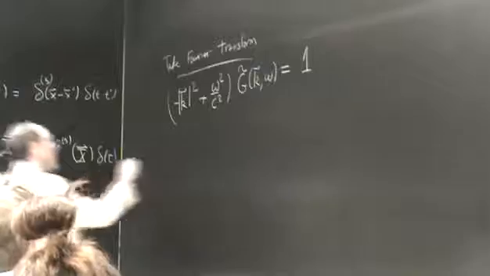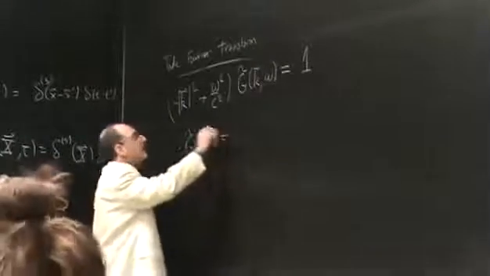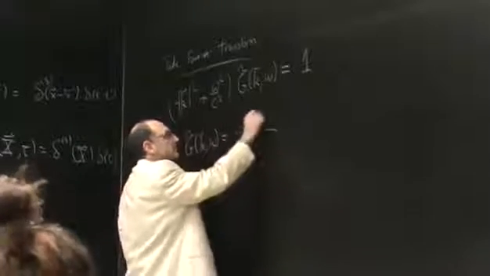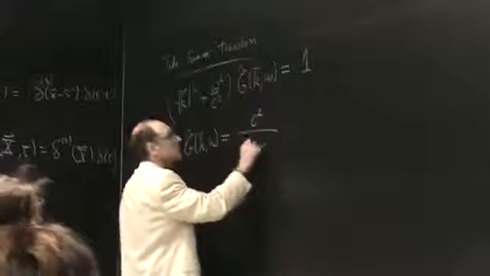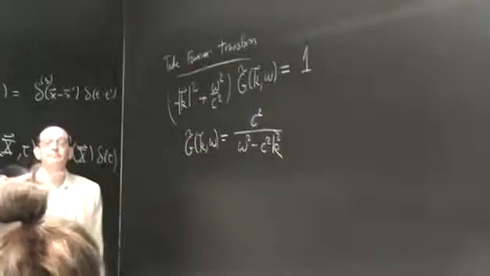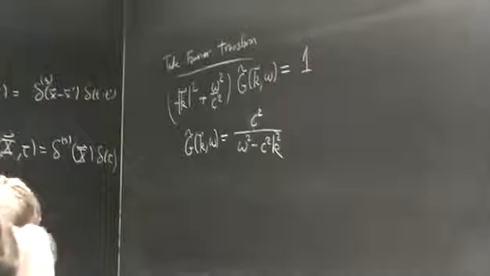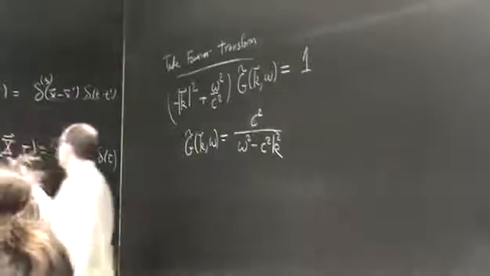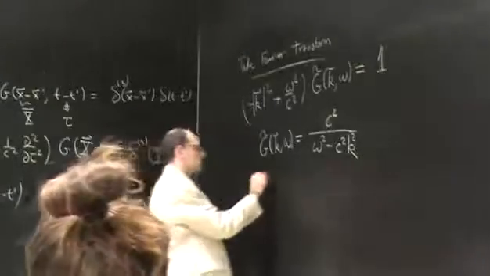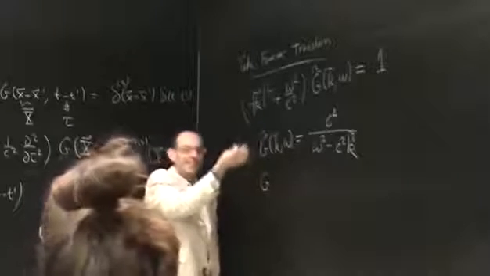So we now have the Green's function for the 3D wave equation in Fourier space. Okay? And so now to find the Green's function in space-time, we need to take the inverse Fourier transform. Isn't it nice to solve a differential equation in Fourier space? That's lovely.